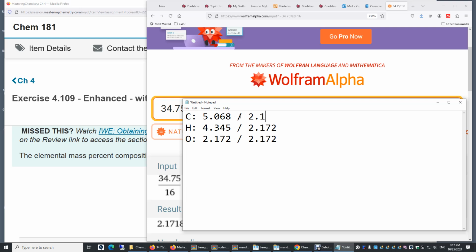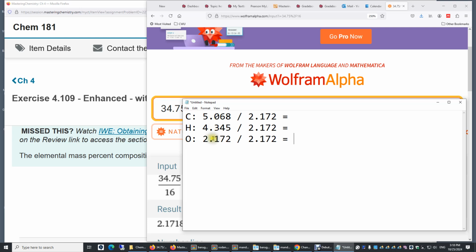Again, you first assume there's 100 grams of such compound, and based on the mass percentage, you can compute the number of moles for every single element. And we have these three numbers.